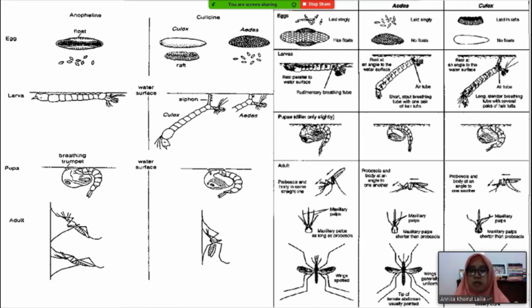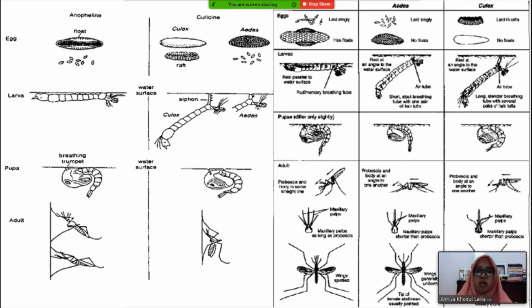We can see in the pictures that the anopheline larvae's rest position is parallel to the water surface, while for the culicine mosquito the rest position is at an angle to the water surface.